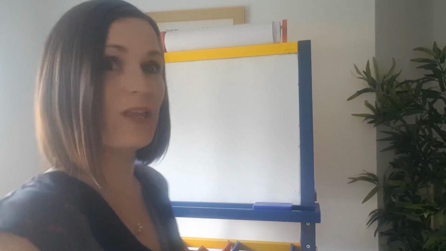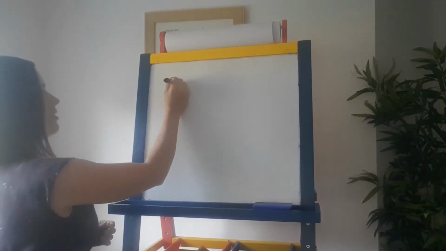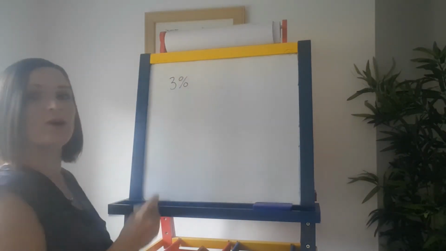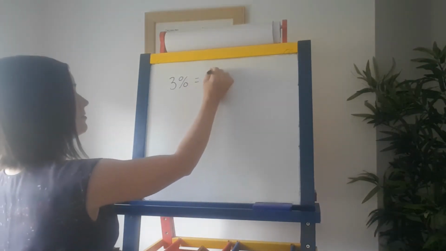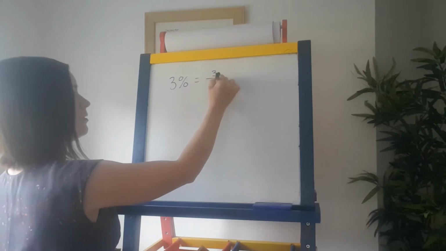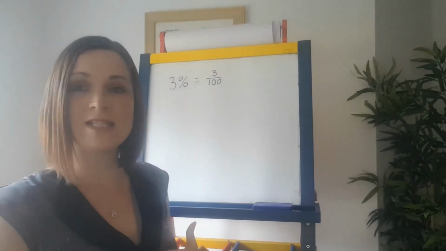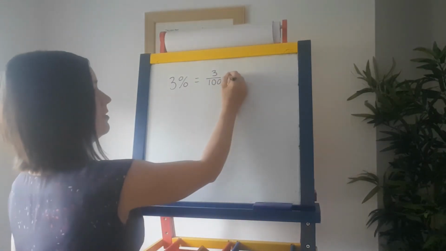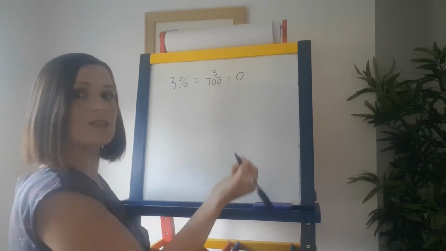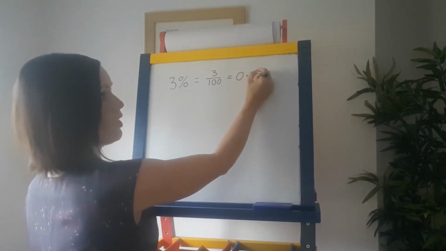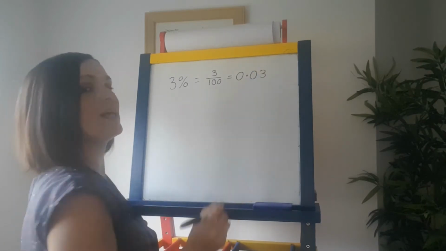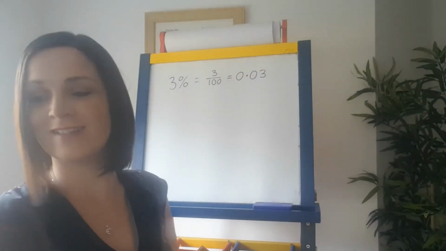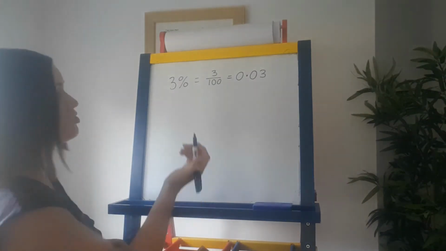Let's look at some other examples of percentages and what they are. 3%, as a fraction, is 3 over 100. So as a decimal, that is 3 hundredths. So it's 0 units, decimal point, 0 tenths, and 3 hundredths. Then let's look at another one, 25%.